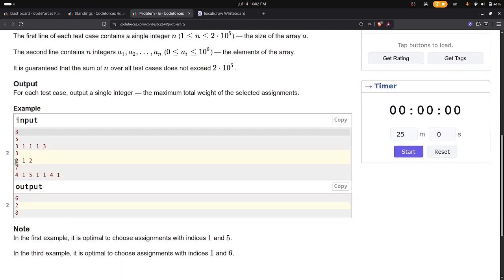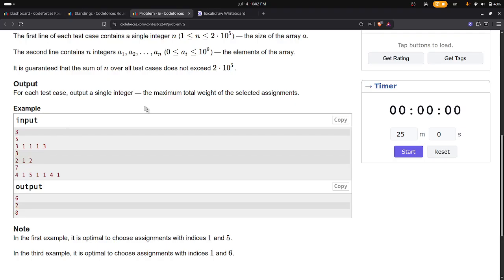Now the answer is 2 for this test case. It's just choosing one assignment and nothing else, since they say the subset length can be 1, right?